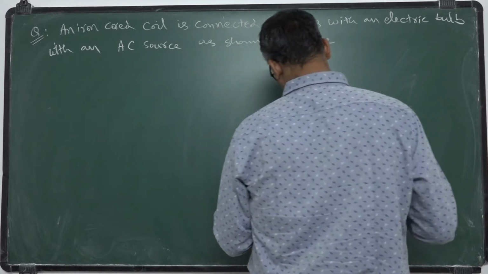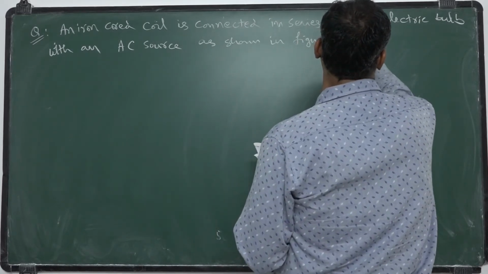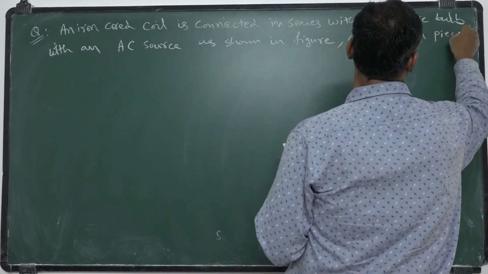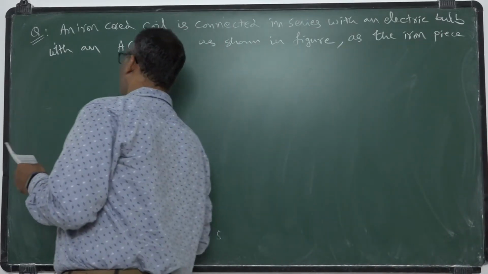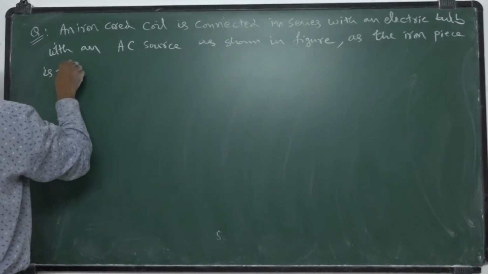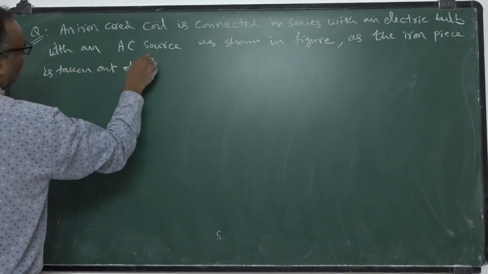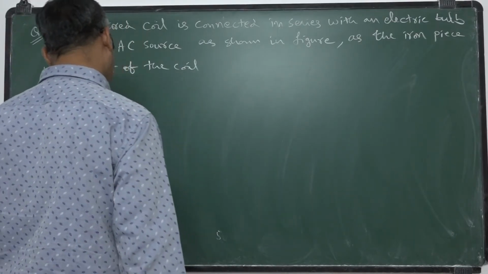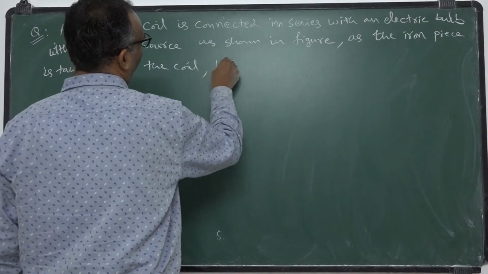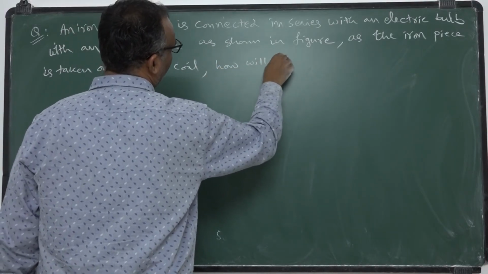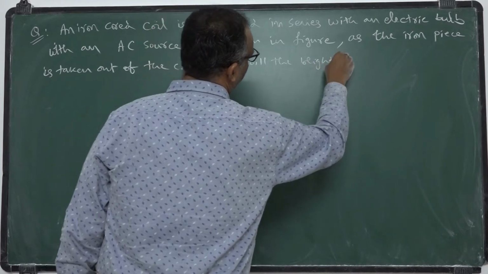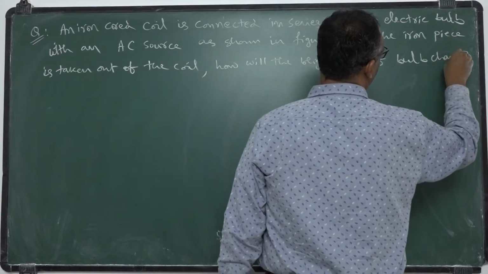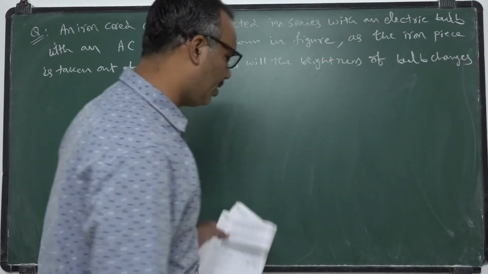As the iron piece is taken out of the coil, how will the brightness of the bulb change?